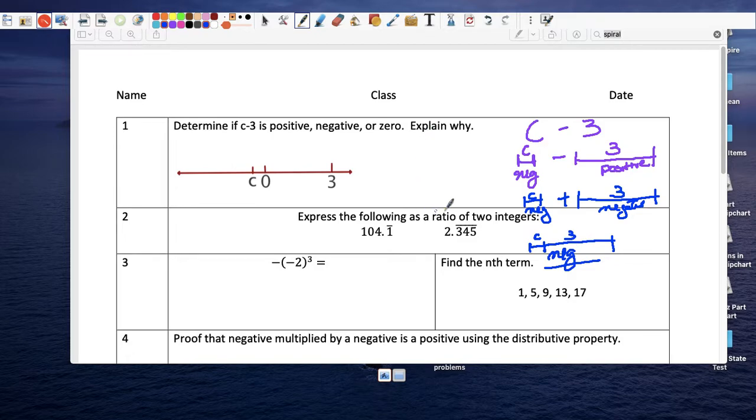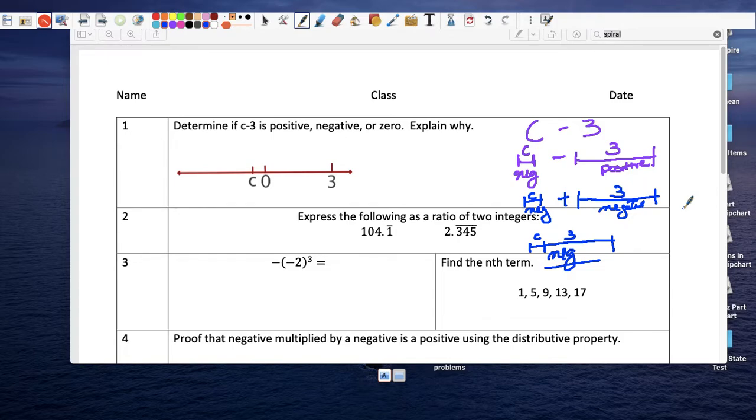So I added the absolute value of C, the size of C, to the absolute value of 3. And because both are negative, their sum ended up being their combined distance further left, their combined absolute values further left of 0 on the number line.